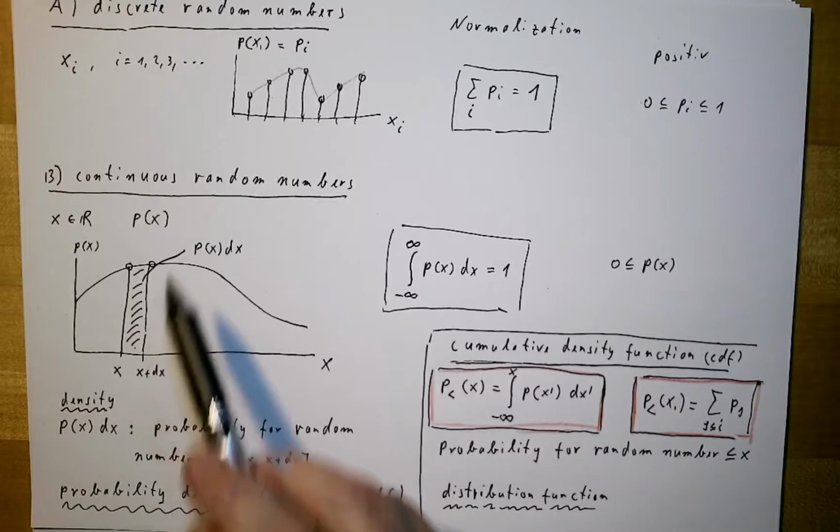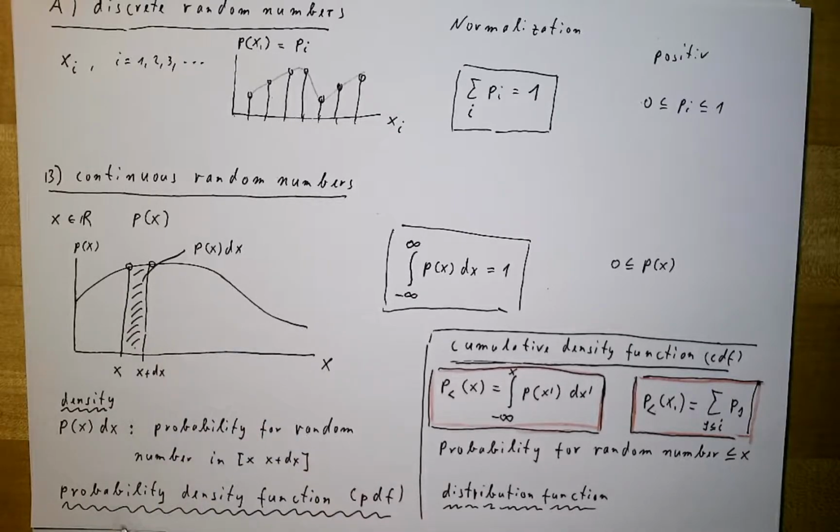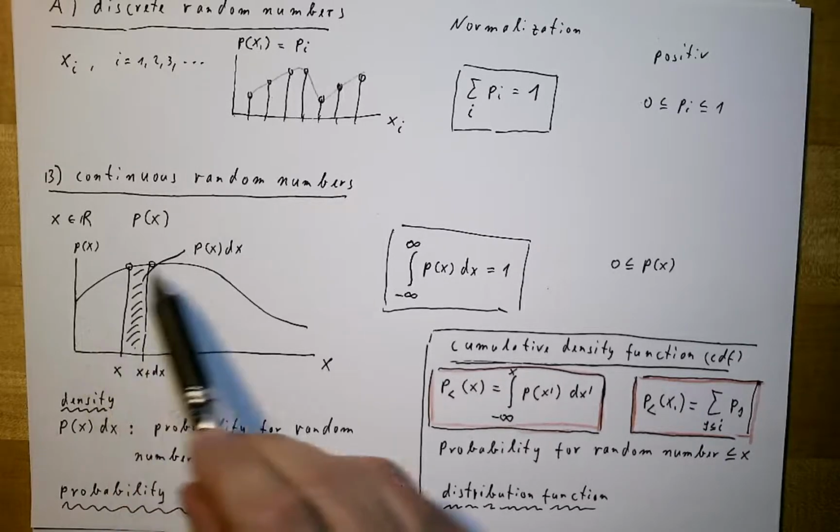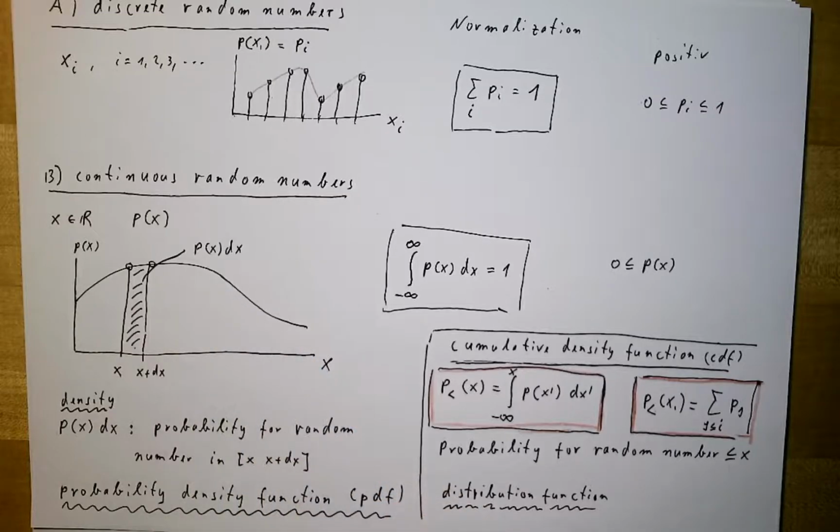Whereas in the physics literature we very often call it the density function of a probability distribution, and then we always mean this PDF. Okay? So there is a possibility of confusion, in particular if you change literature.